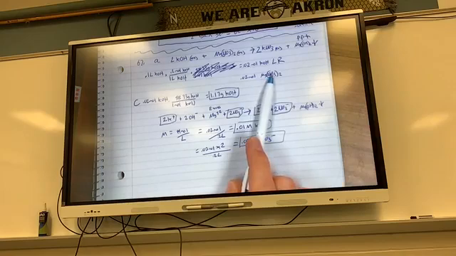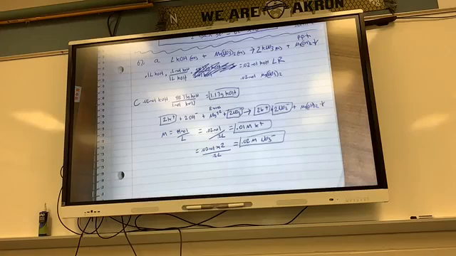Because it's the same molarity and the same volume, it's the same amount of moles. So we would look back to the question. Correct. Thank you.